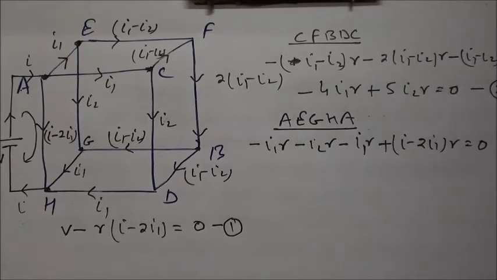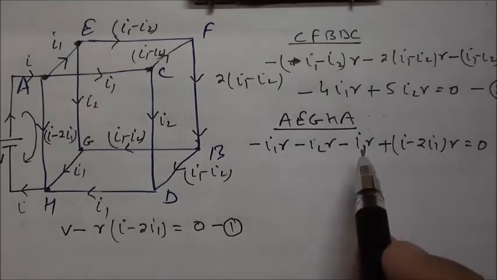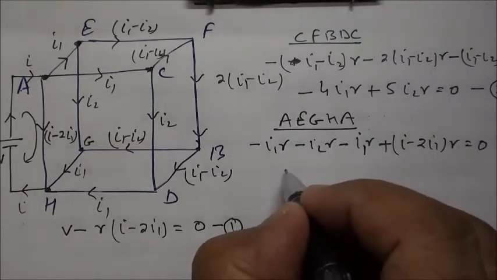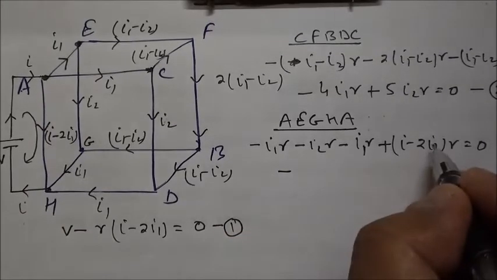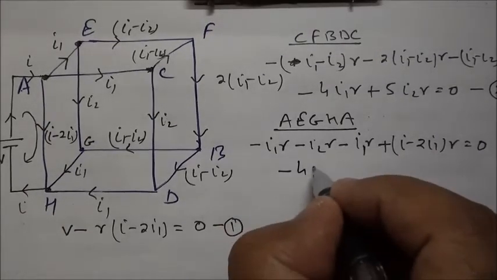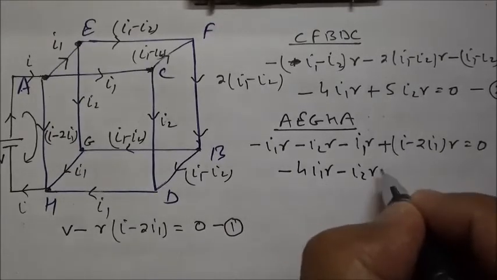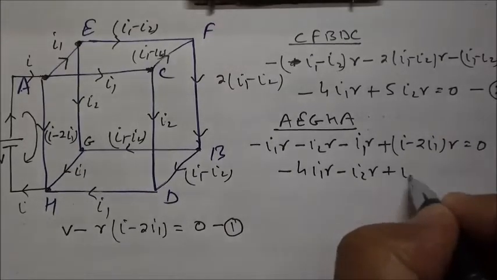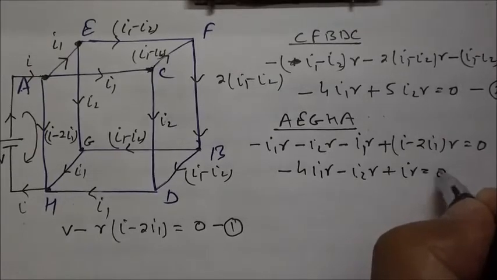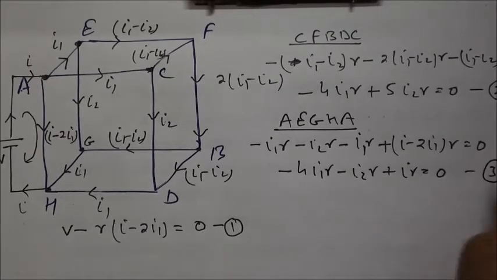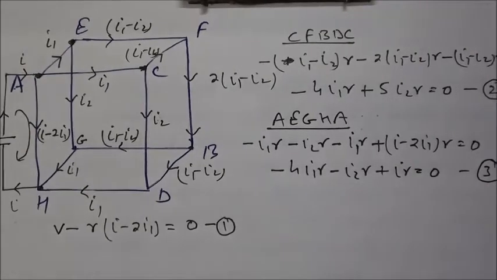Right? So 1, 2, 3, 4 terms. This can also be simplified. So we will get minus 2, 3, 4 I1R minus I2R plus IR is equal to 0. Let this be the equation number 3.